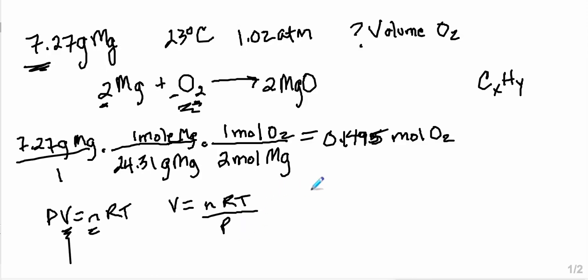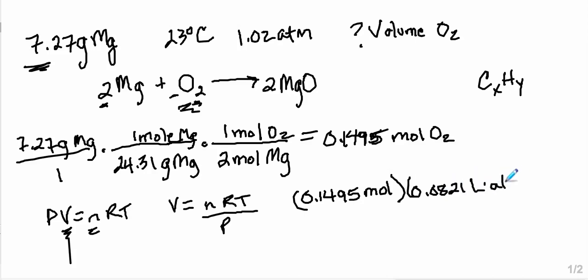So now I can plug in my numbers. I have 0.1495 moles, which is my n. I have 0.0821 liters times atmosphere over Kelvin times mole.